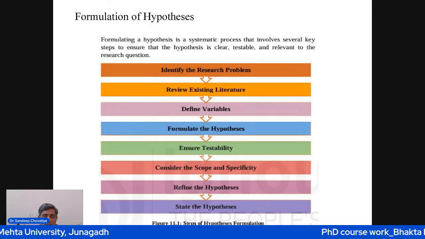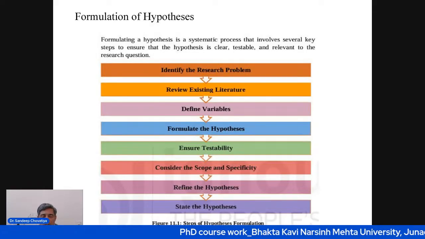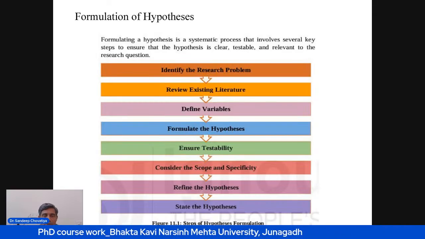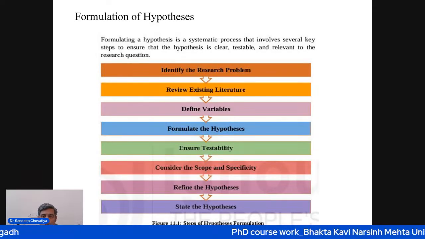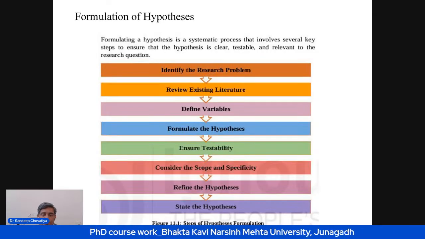So these are the variables. Taking the example of water pollution, the variables are the COD level and BOD level. So we define those specific variables in our study, and according to that we formulate the hypothesis.